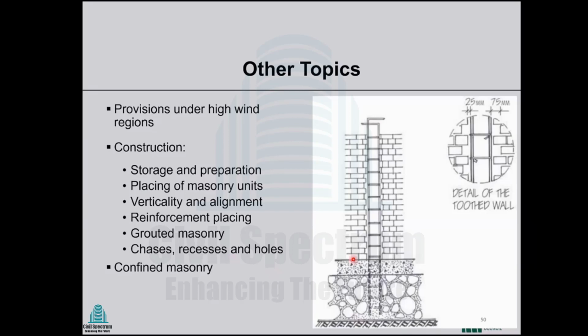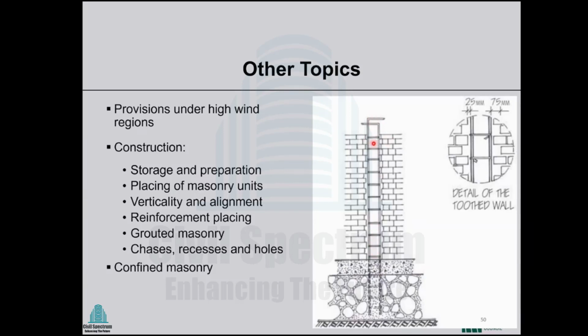This is similar to the way we used to construct boundary walls. The brick walls are first made, keeping a void in the location where we want to pour some concrete, and it has a foundation. And here we provide some reinforcement and we pour concrete. So this is somewhat similar to a column, but this is not a column.